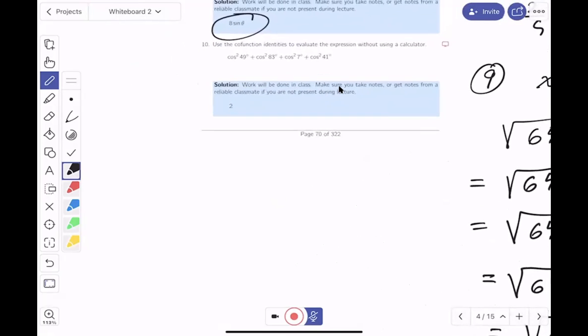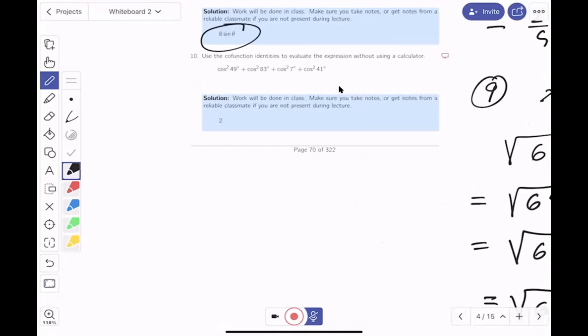And number 10 is, again, a simplification problem, but that might be very difficult, particularly if you try to evaluate the cosine of 49 degrees. It would be very difficult to do. I'm not saying impossible, but difficult to do. So what I'm going to do is look for cofunction identities.